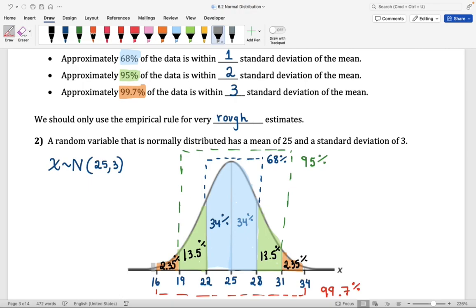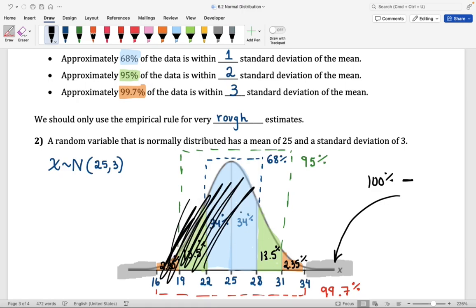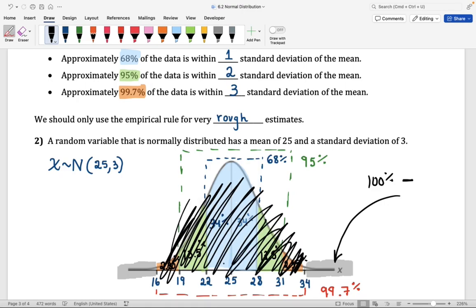Now, would you be able to find the area here on the tail, or the percent of values that we have in that area, by saying, look, under the whole curve, we have 100% of the data values. Let's take 100% minus all of these percentages. So here, we know that 99.7% of the data values are between 16 and 34. So we're subtracting this percentage.